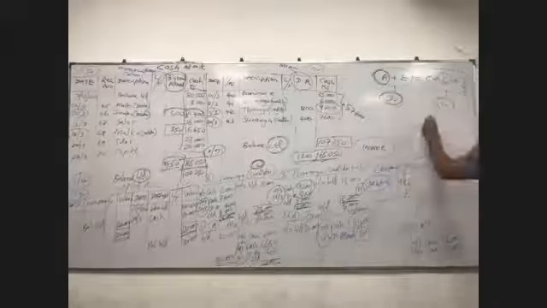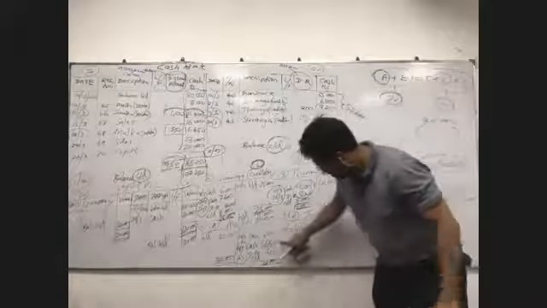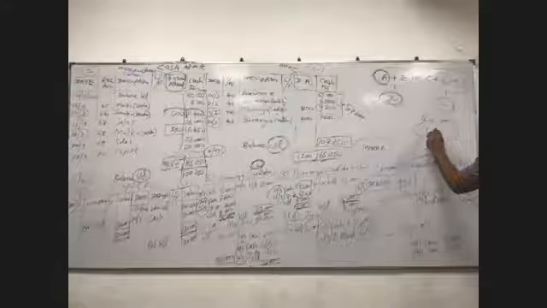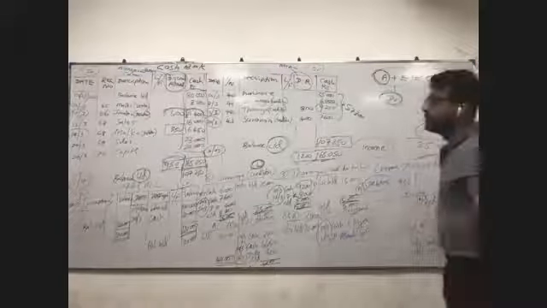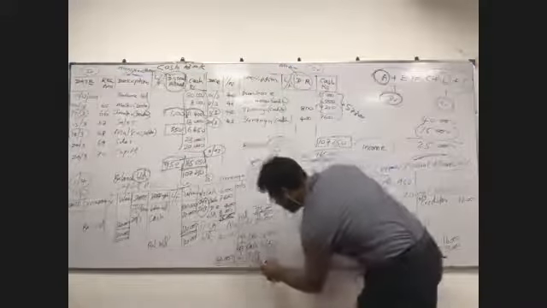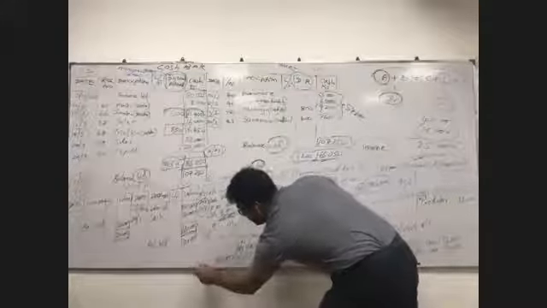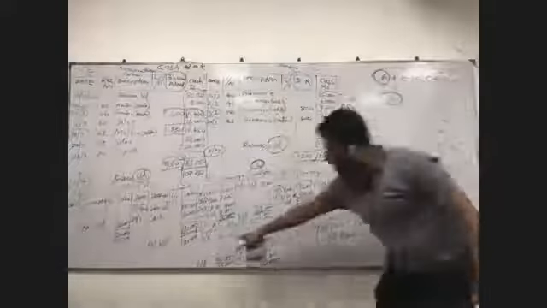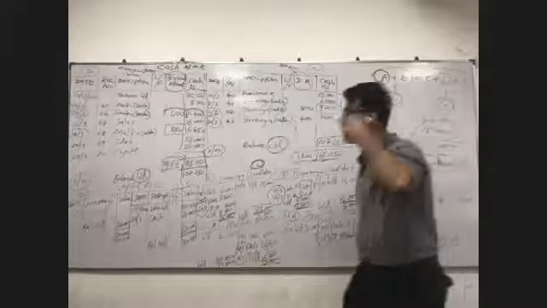Total debit side is 40. Malka's credit side total is 15,000. So the balance is 25,000, correct? Debit side 40, credit side 15, 40 minus 15, 25 is the balance.